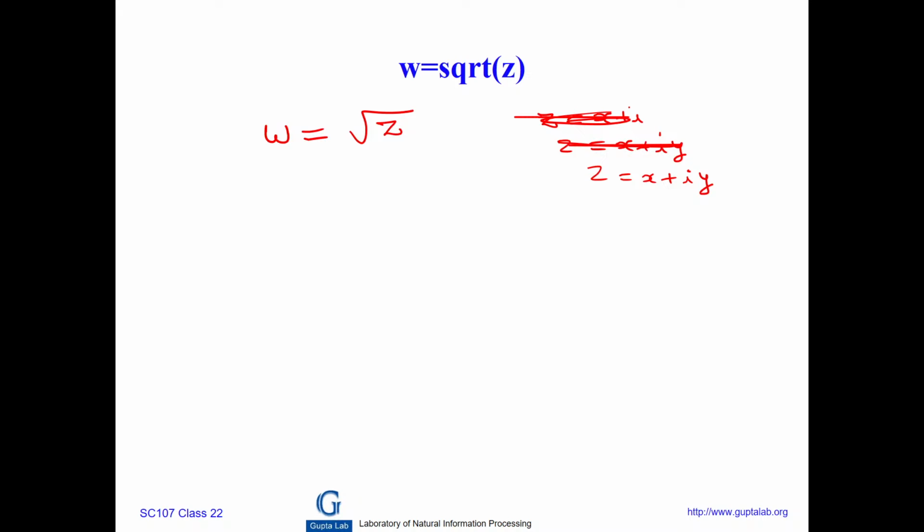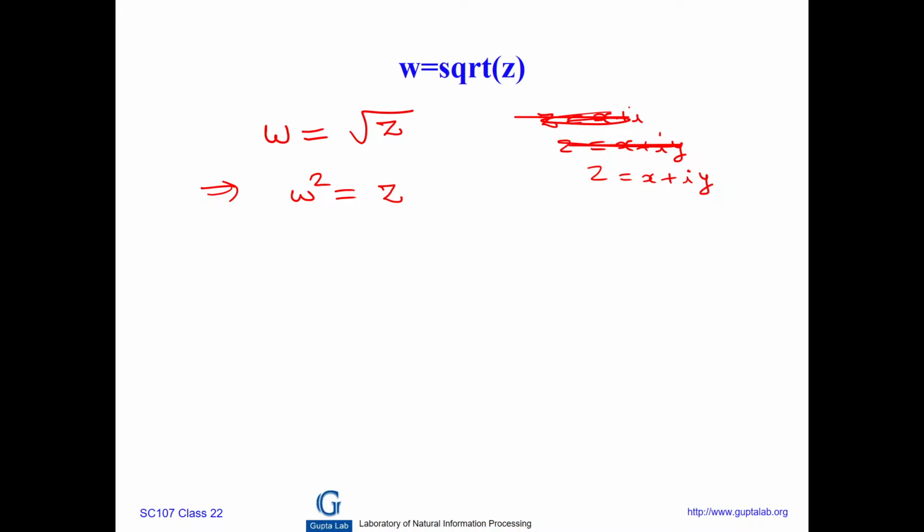So essentially, what does that mean? This implies that we are solving this equation, w square is equal to z. For what w? If I square, I should get z, right? z is fixed, given to us. I want to find for what w's w square is equal to z.